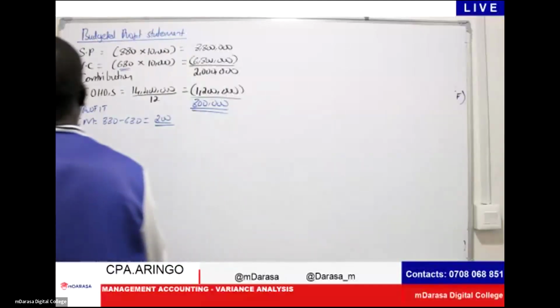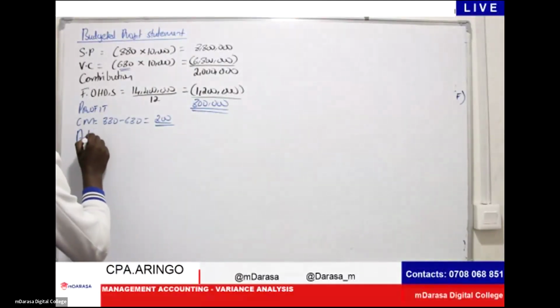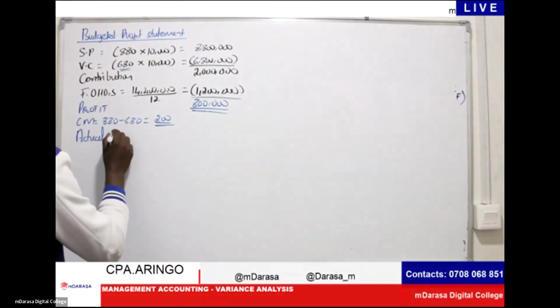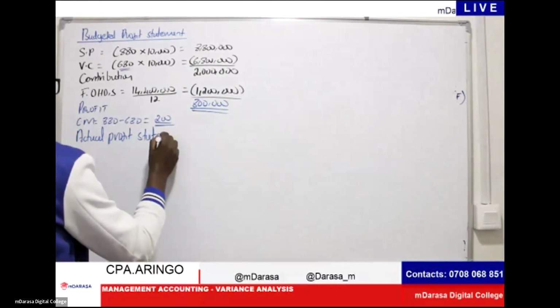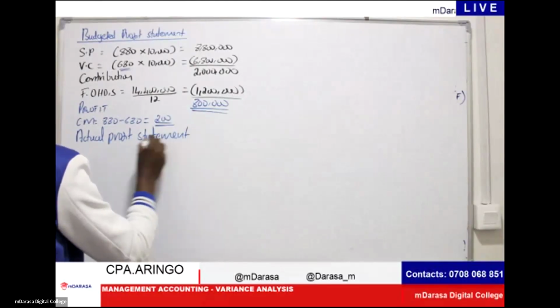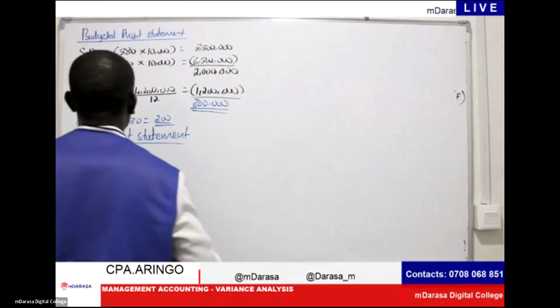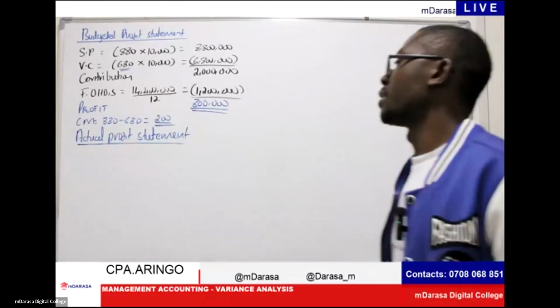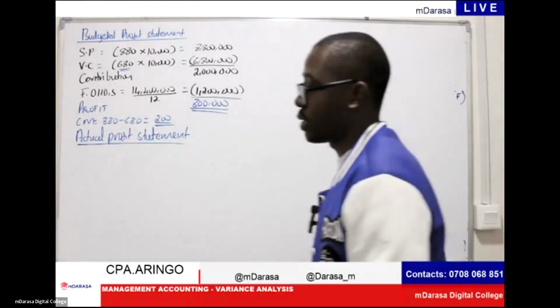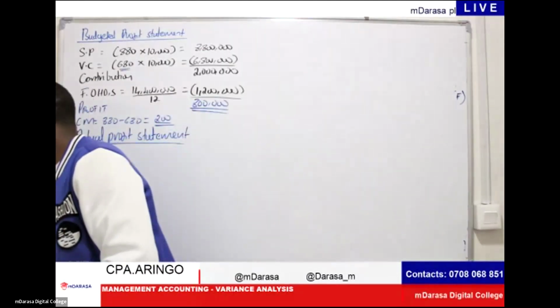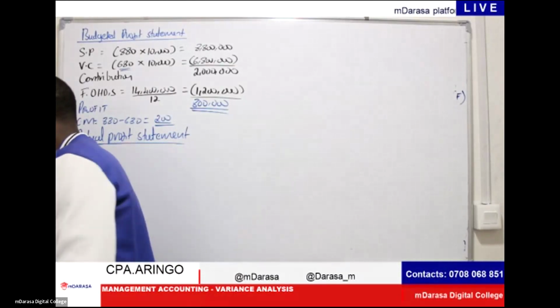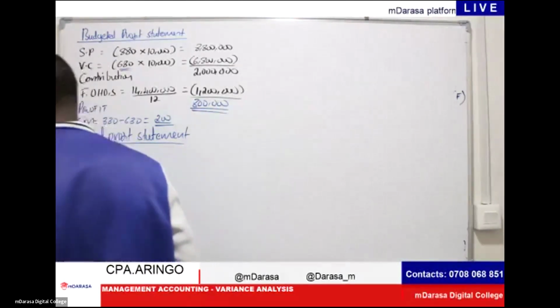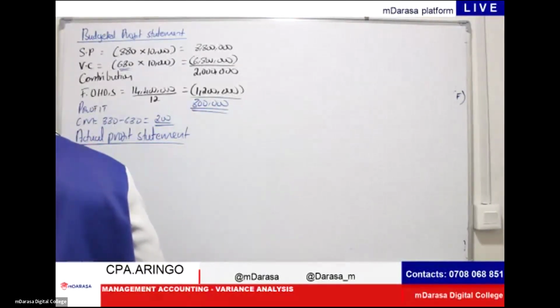So we have our actual profit statement. Same case, take your sales minus your costs. Like in our case, that was given in note number 4.